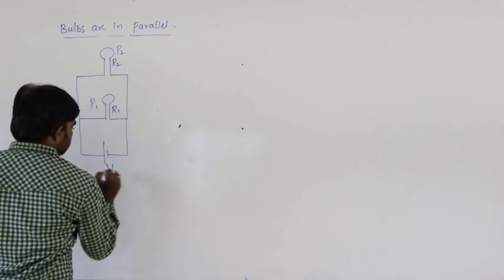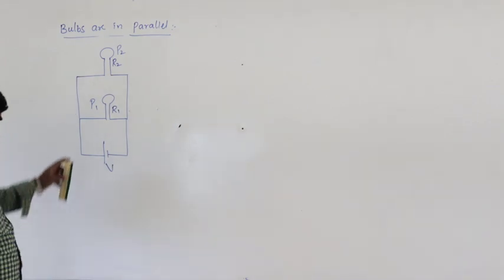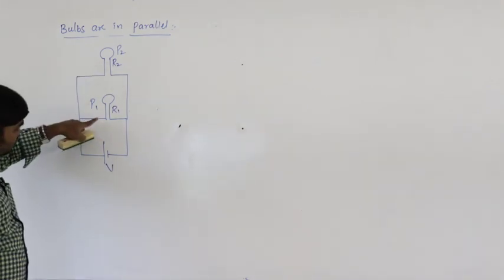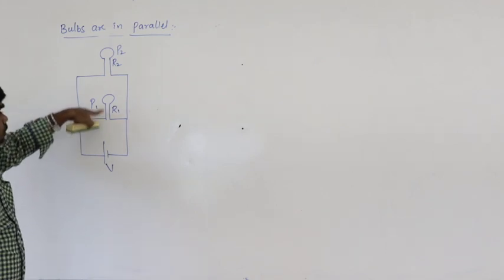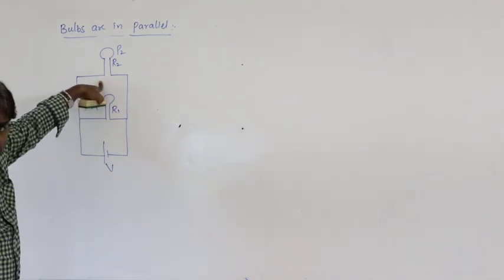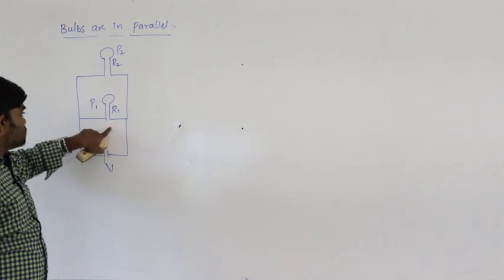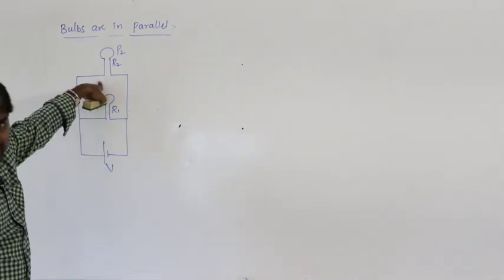So this is the common potential V. In parallel combination, whatever is the potential across the first bulb, the potential across the second bulb must be the same.